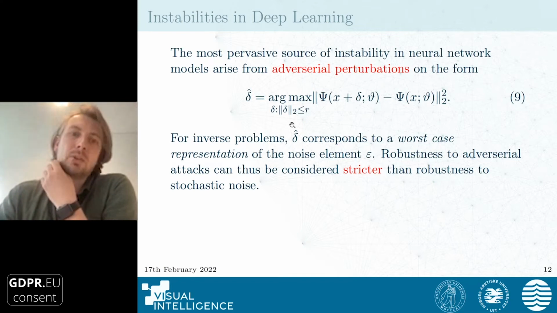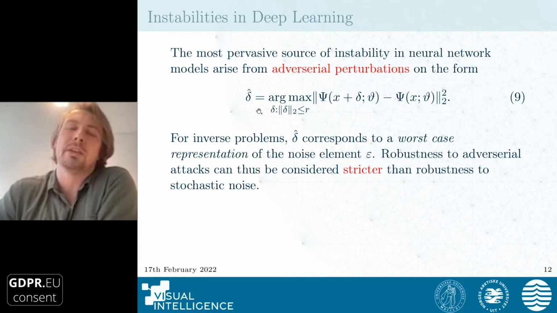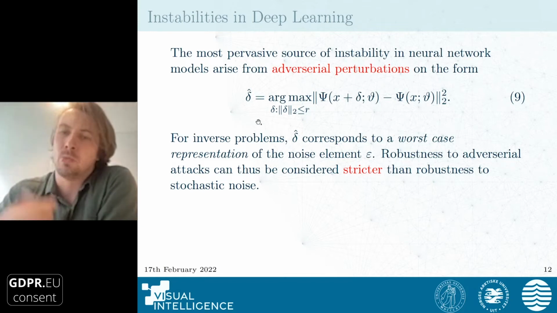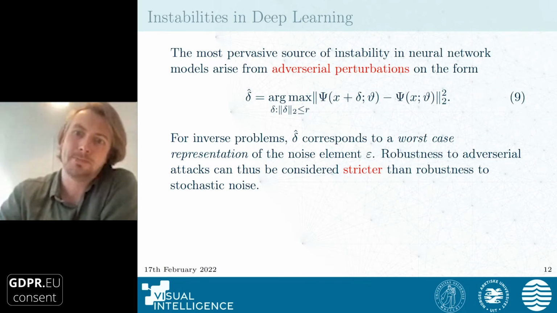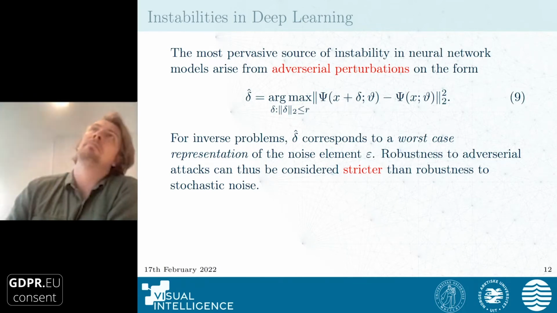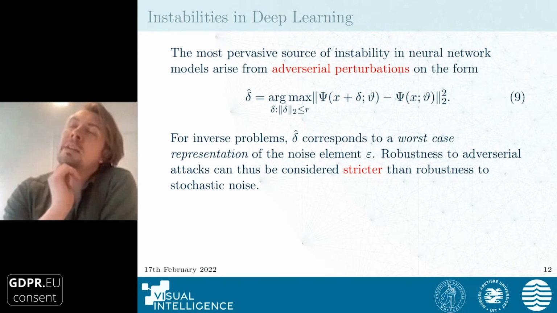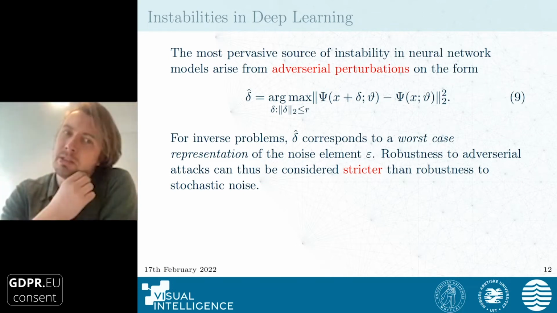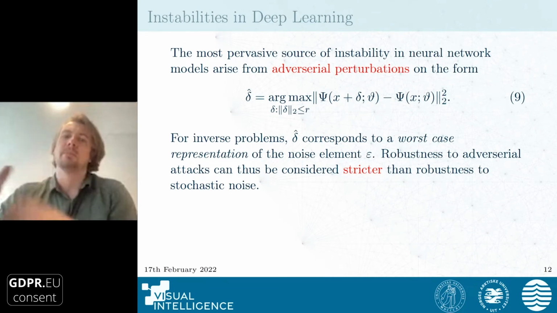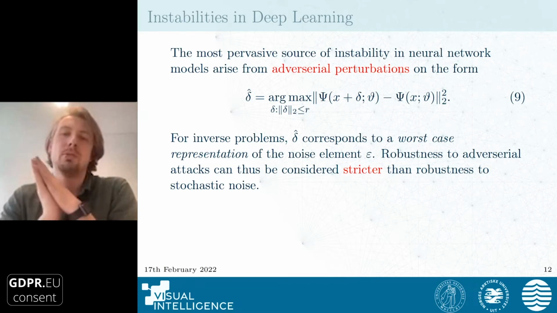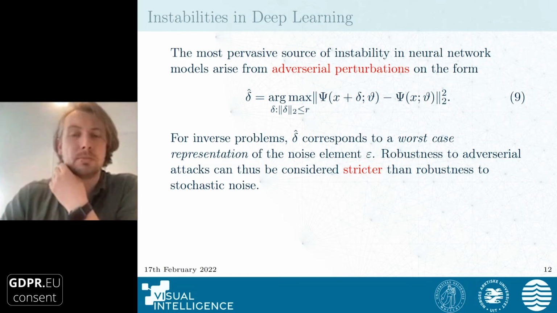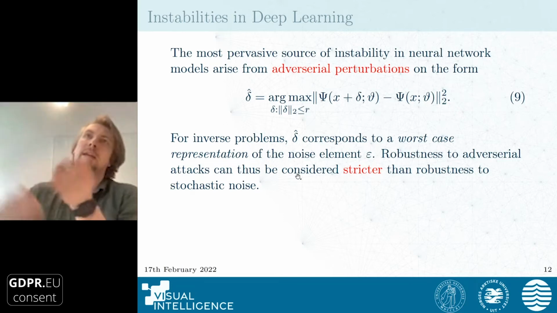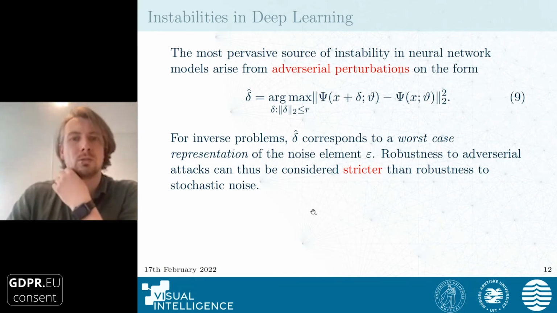For inverse problems, we can consider these adversarial perturbation vectors as a worst case representation of a stochastic noise element. The nice thing in the context of these adversarial perturbations is that robustness to them can be considered stricter than any kind of robustness to general stochastic noise.